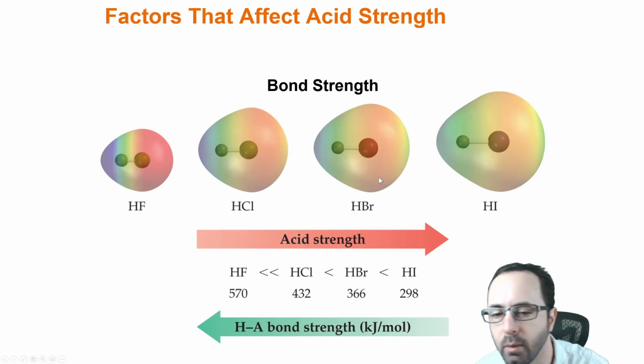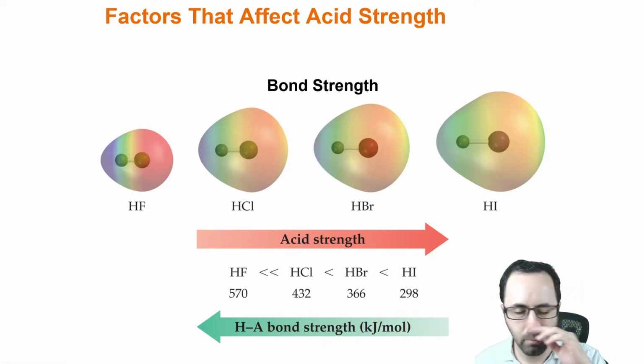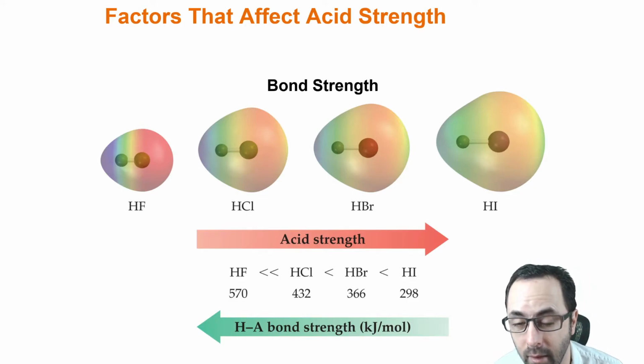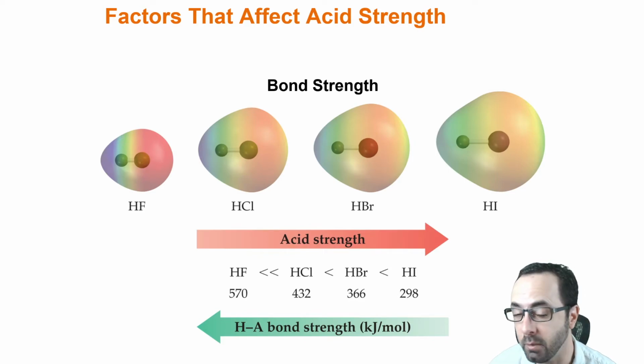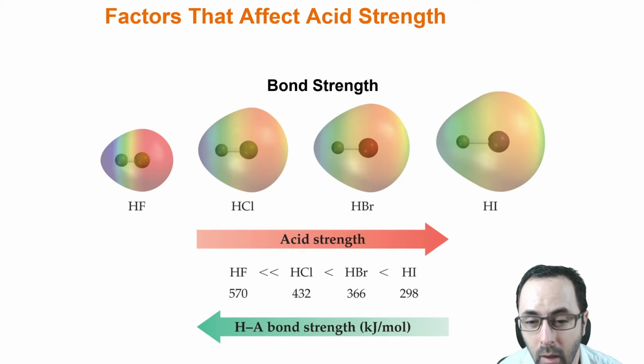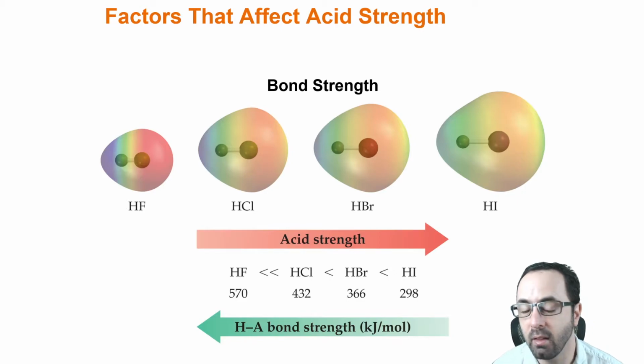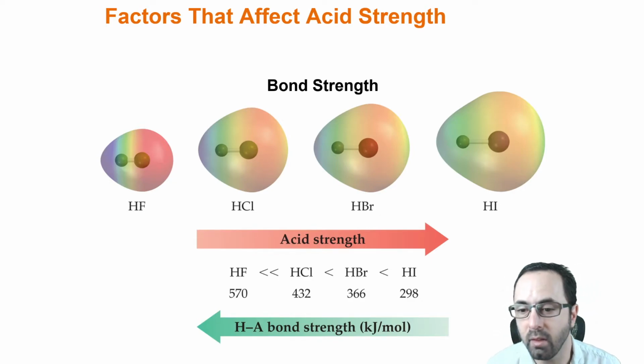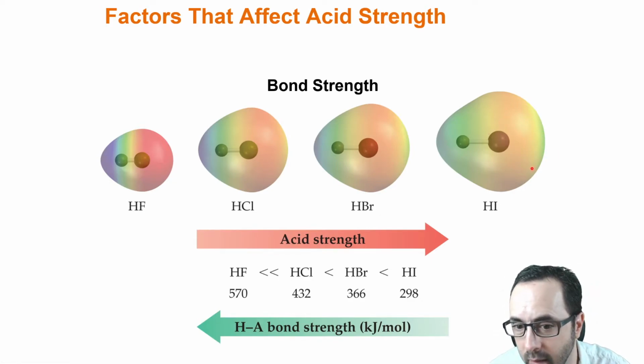So what are some ways that we could qualitatively evaluate the strength of an acid, or at least understand the relative strengths of acids based on simply the atoms that make them up and their formula? Well, if we have these acids that are binary, so they've only got two elements in them, the H and whatever else they're with, the way we can evaluate the strength of the acid is based on the size of the anion here.